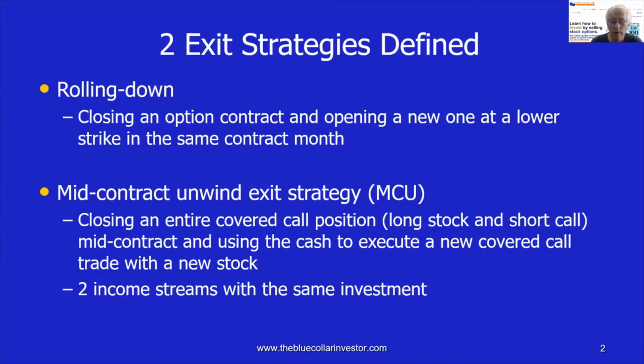That means we buy back the option, the short call, and then sell the stock, the long stock position. And when we do that, that leaves us with cash in our account. And we could use that cash to then enter a new covered call trade with a different underlying stock to assist in generating a second income stream. So in both cases, we're looking to generate additional income streams after entering our initial covered call trade.